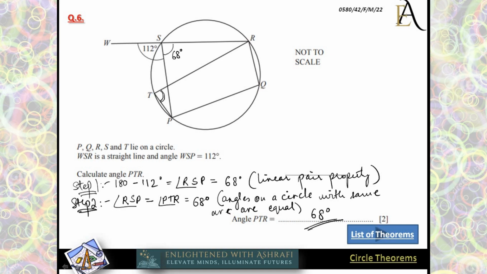It's very simple. Students usually think circles to be very difficult, but they are actually not difficult. Just remember your theorems, practice questions. See, the diagram may look very difficult, but in reality they are not difficult.